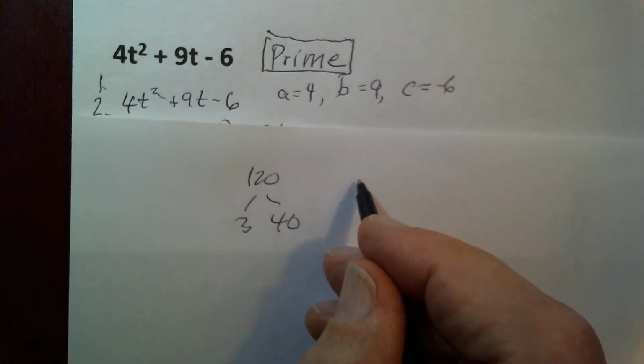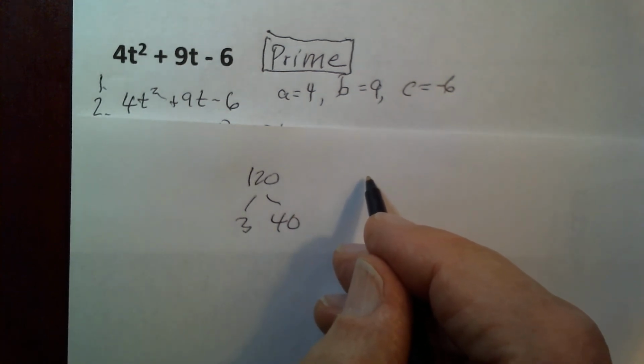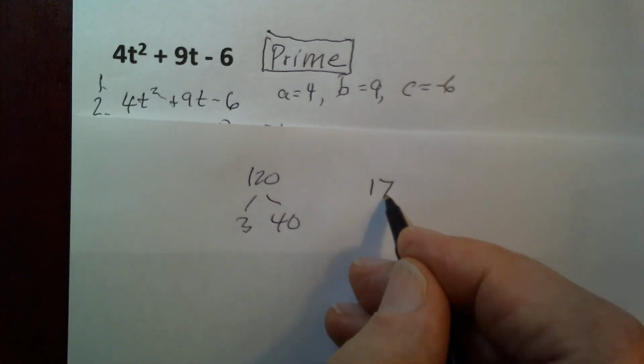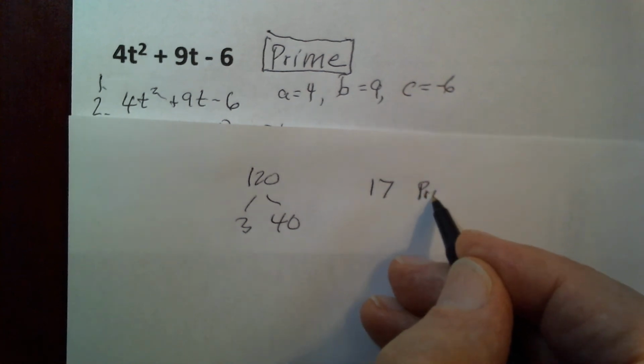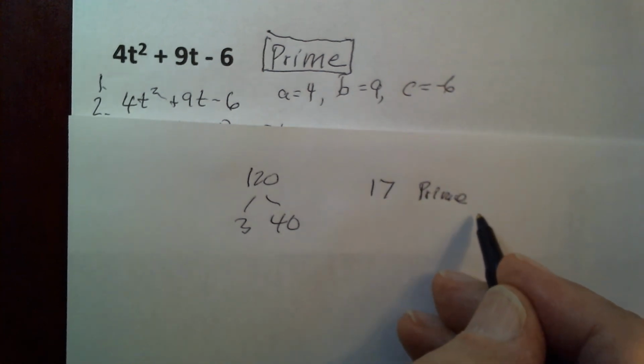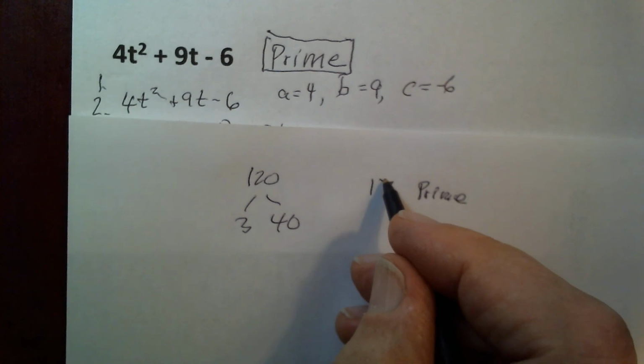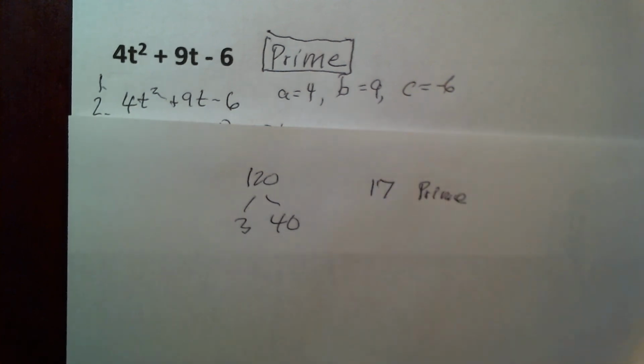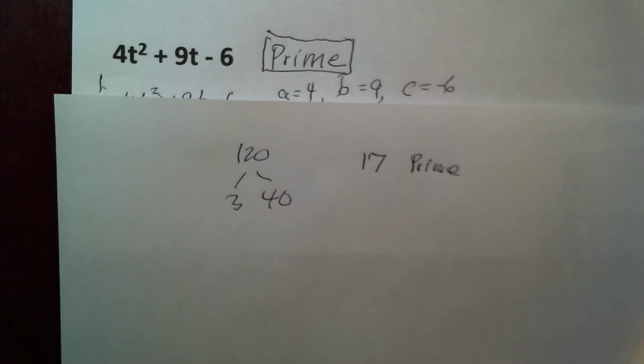But there are certain numbers that cannot be factored into non-trivial factors like 1, and the number itself, like 17, is a prime number. So there are quite a few prime numbers, in fact there are infinitely many, and there are also prime polynomials. So it can happen that a polynomial cannot be factored, and in that case it's a prime polynomial.